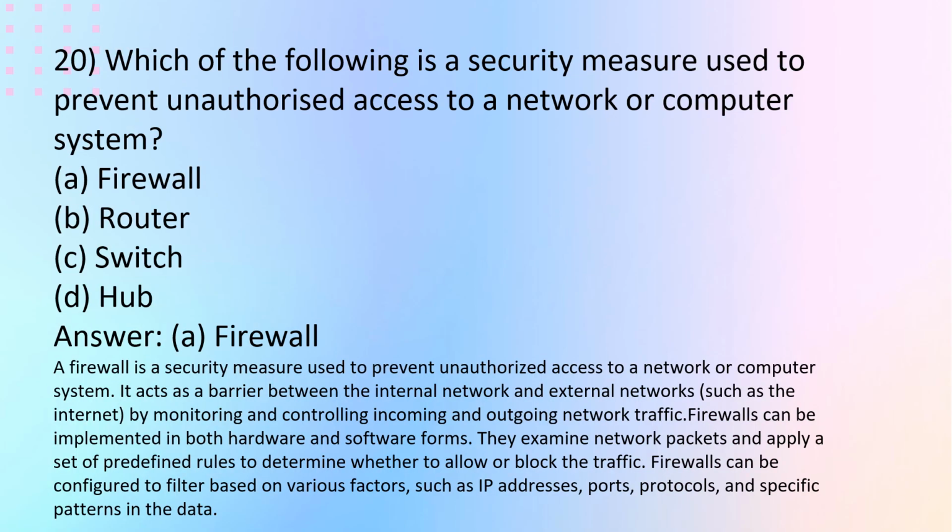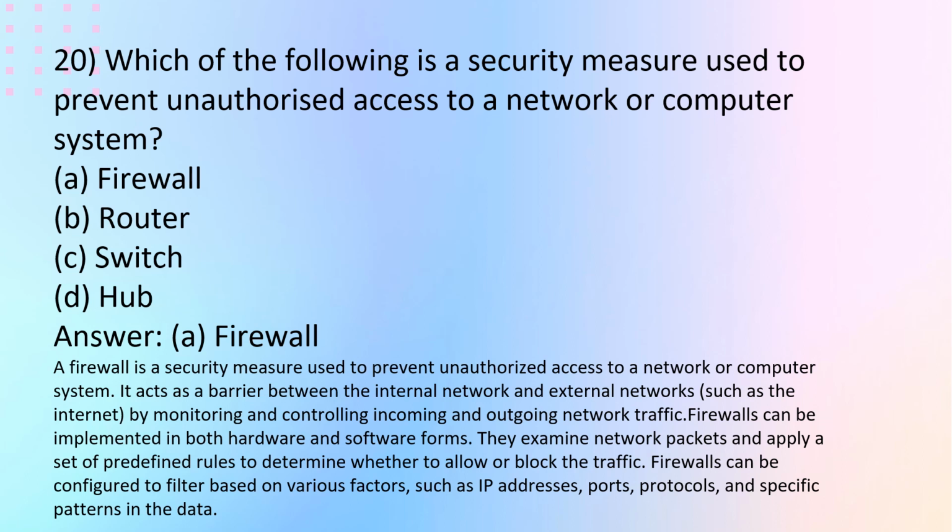Which of the following is a security measure used to prevent unauthorized access to a network or computer system? The answer is firewall. A firewall is a security measure used to prevent unauthorized access to a network or computer system. It acts as a barrier between the internal network and the external network, such as the internet.